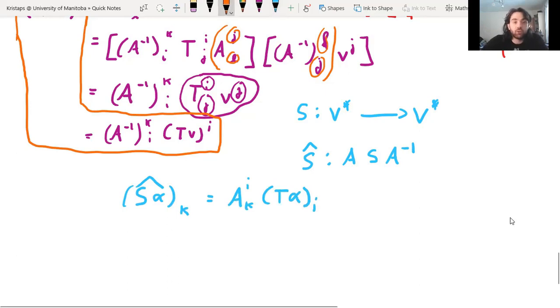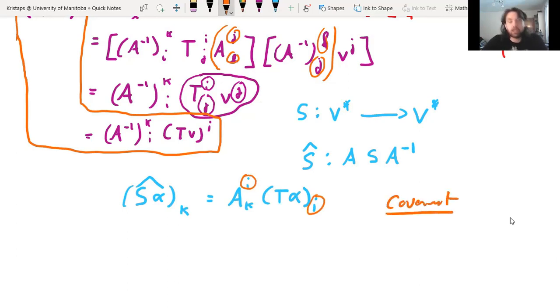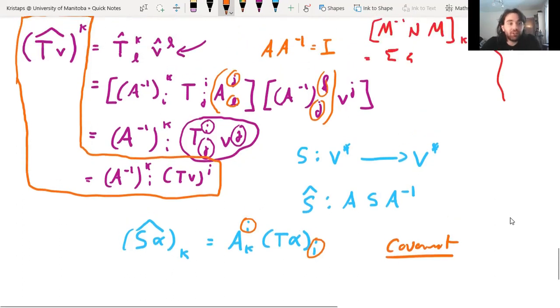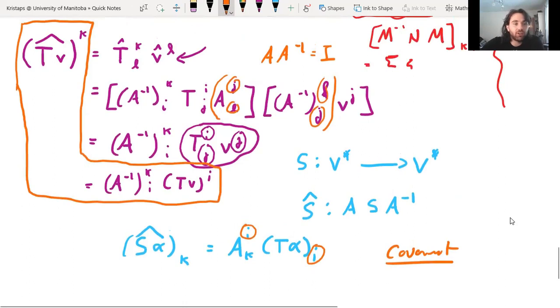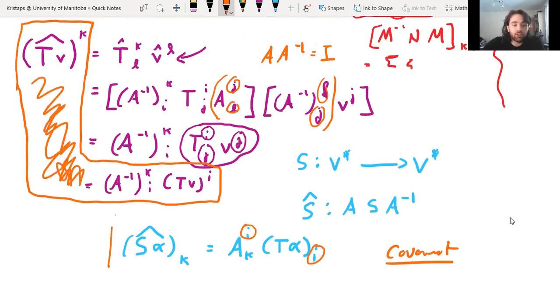And then here we're summing over the indices i. And so this is what our covariant transformation law now looks like on linear maps. So putting this all together, right? We have this one transformation law up here and this other transformation law down here.